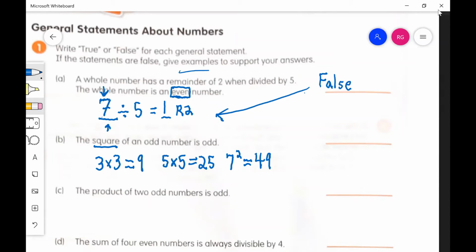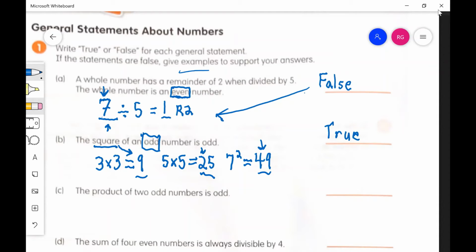Okay, so do you see the pattern here? Is this true or false? The square of an odd number, and this is the square. The 9 is the square. Okay, the 25 is the square. So is that odd, true or false? True. Yes, thank you. Perfect.